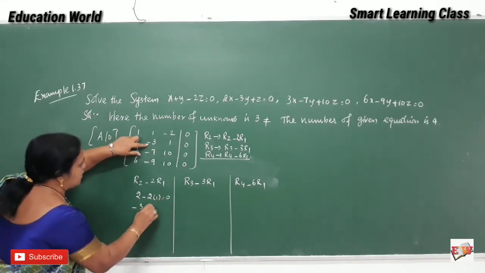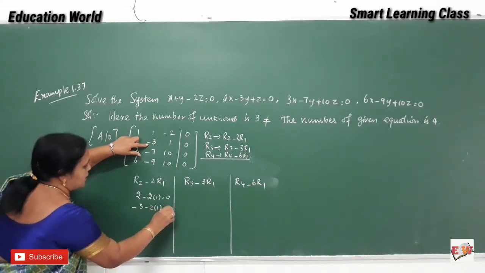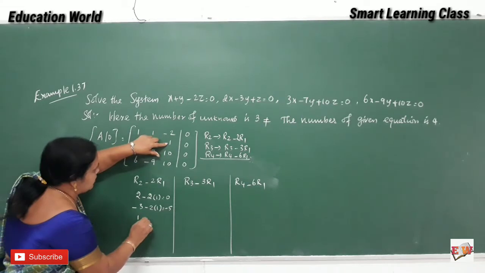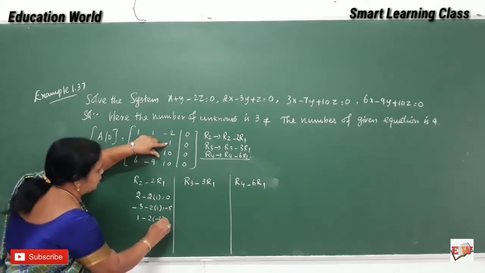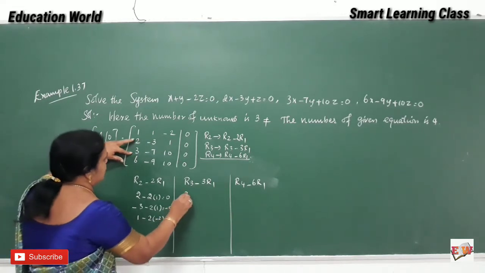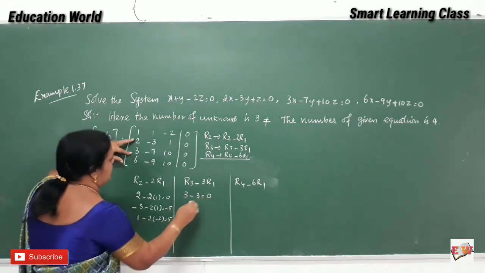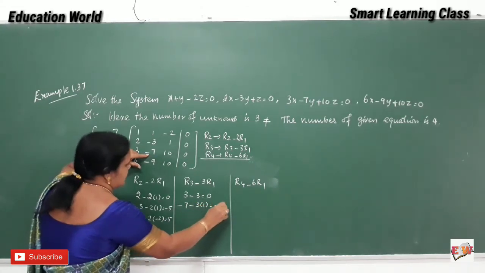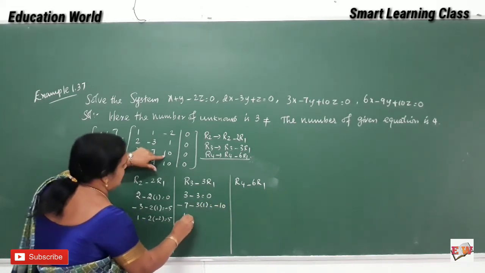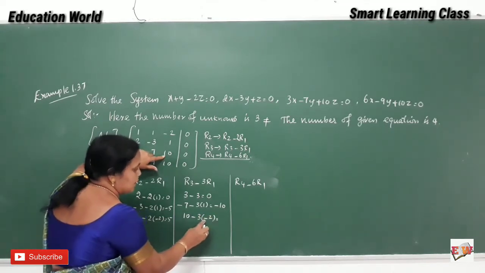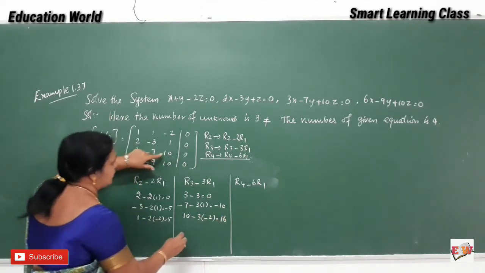Minus 3 minus 2 into 1 is minus 5. 1 minus 2 into minus 2 is plus 5. R3 minus 3R1: 3 minus 3 equals 0. Minus 7 minus 3 into 1 is minus 10. 10 minus 3 into minus 2 is plus 16.